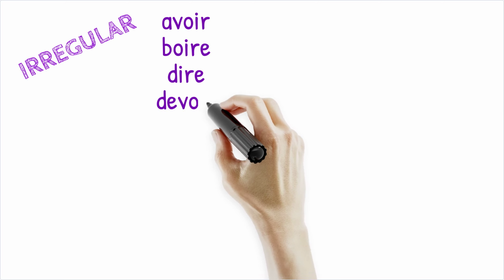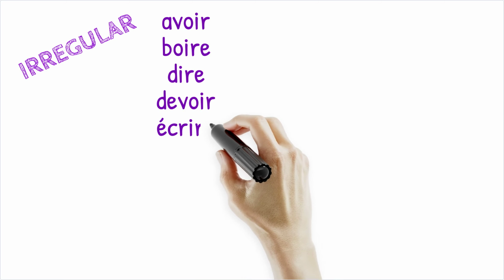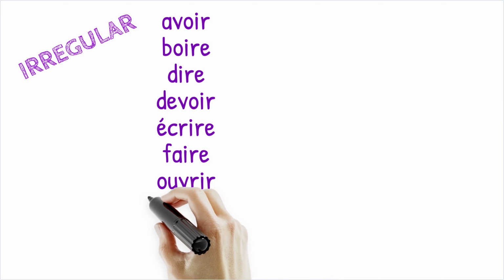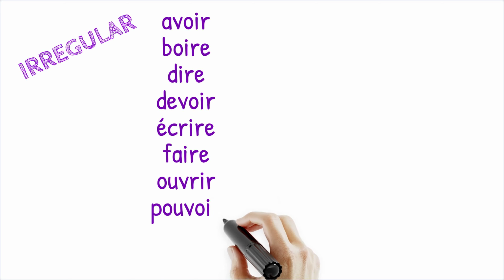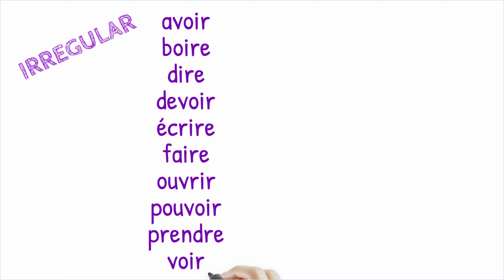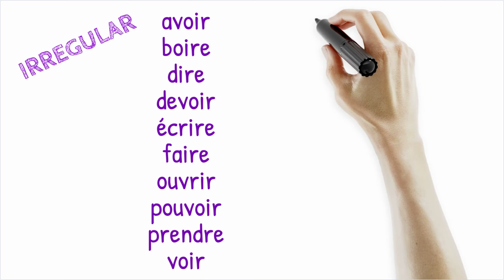So verbs like avoir, to have, boire, to drink, dire, to say, devoir, to have to, écrire, to write, faire, to do or to make, ouvrir, to open, pouvoir, to be able, prendre, to take, and voir, to see, are all irregular.